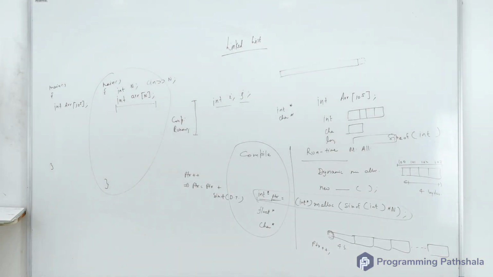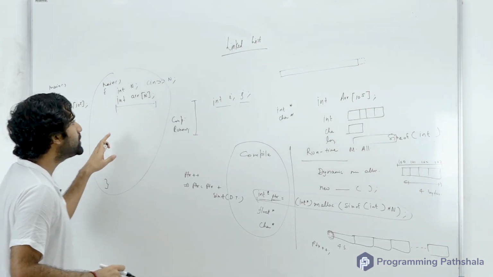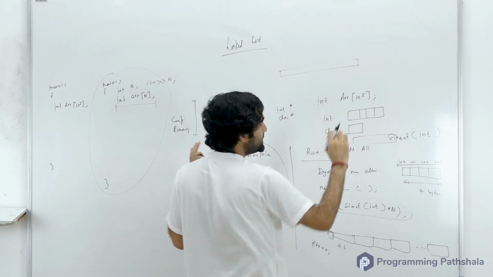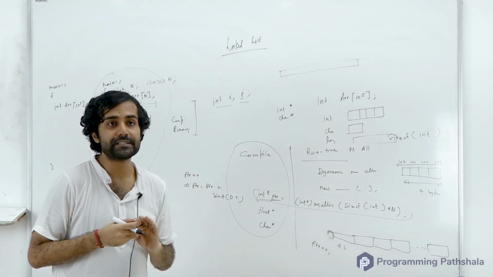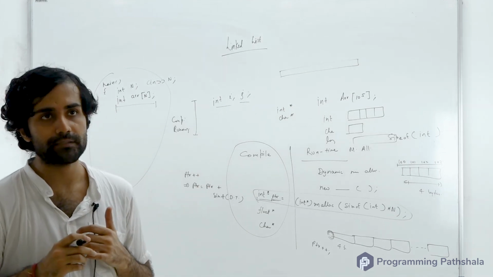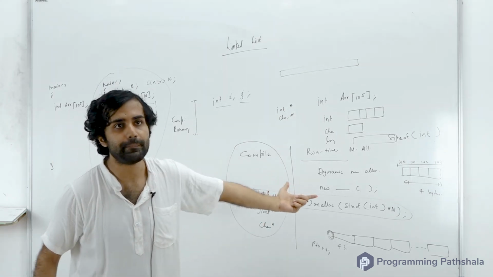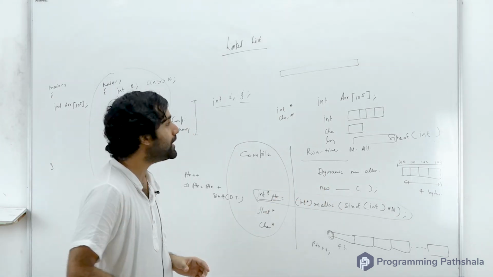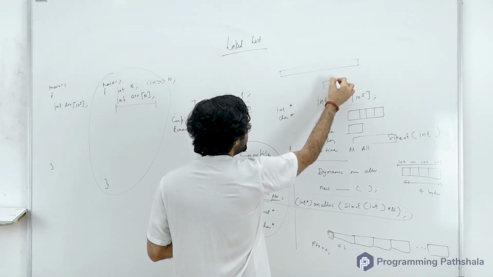But if at runtime I need space for one more integer, or two more integers, can I somehow do that or not? I can do that. I can call a malloc, and that malloc will provide me with some memory location.